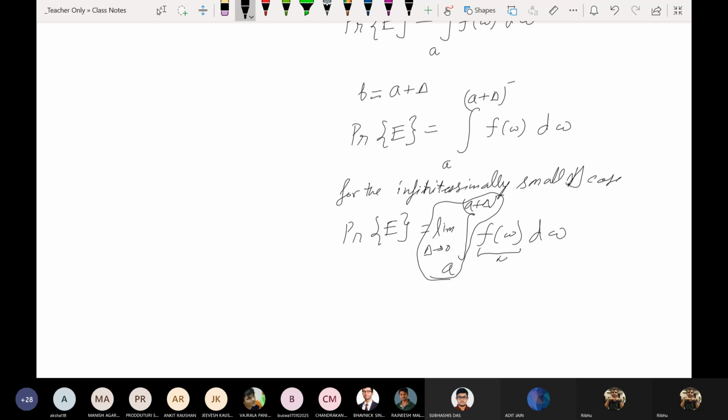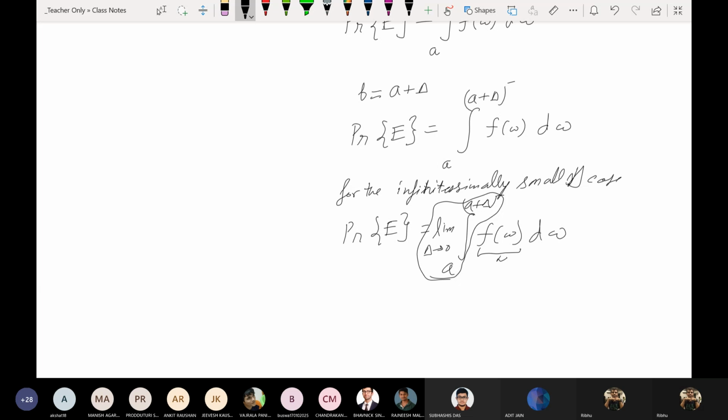I've shown this mathematically just now. So you can say that the probability of lying between a and a plus delta will have some probability.